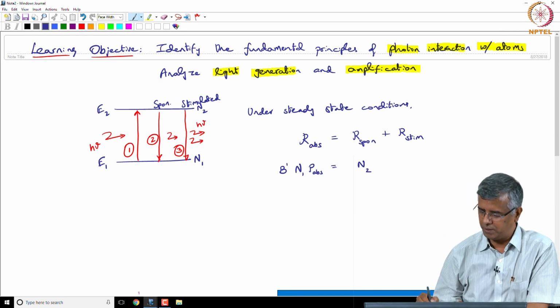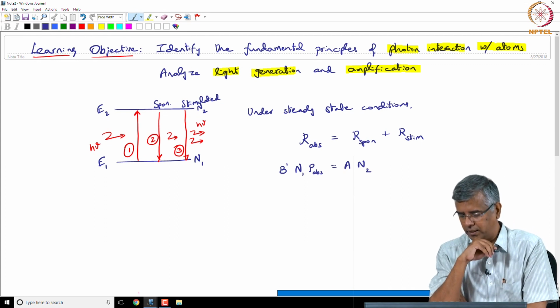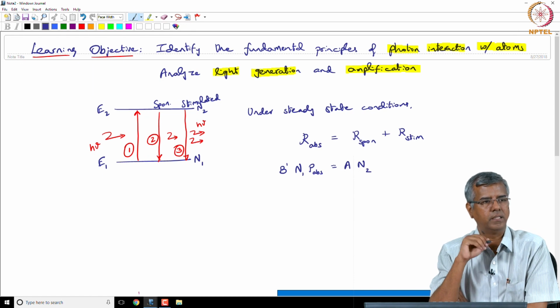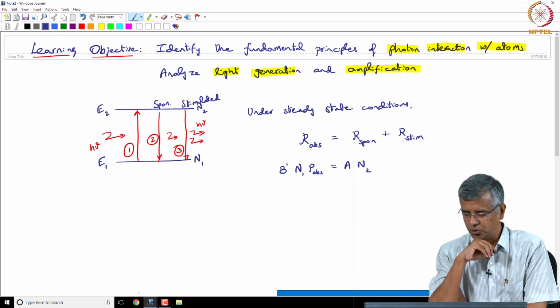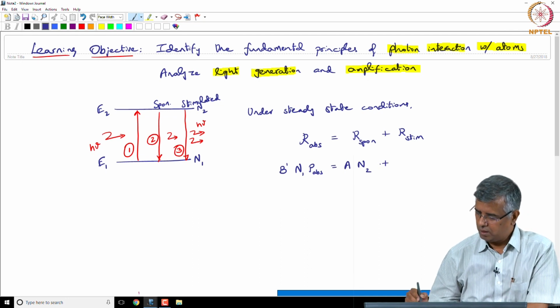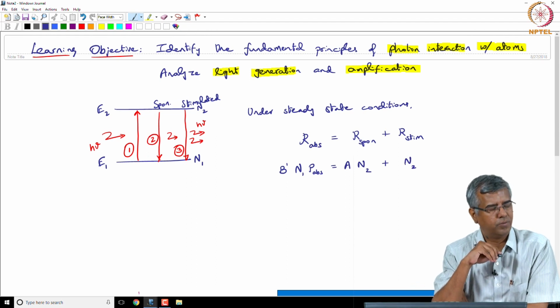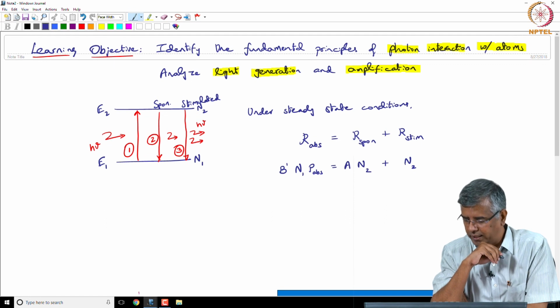So, it certainly depends on N2, and let us say the rate at which this emission happens is proportional, the proportionality constant we call A. And then when we consider stimulated emission, that also depends on the number of atoms that are in the excited state.